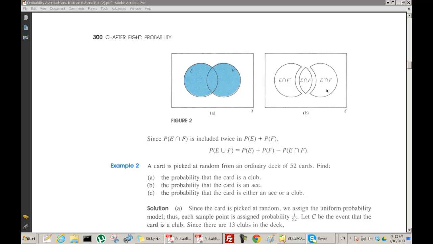And what else can we say about these three sets? They're disjoint, right? So we're writing this as the union of three disjoint sets. These three disjoint sets. So let's look at that now again.